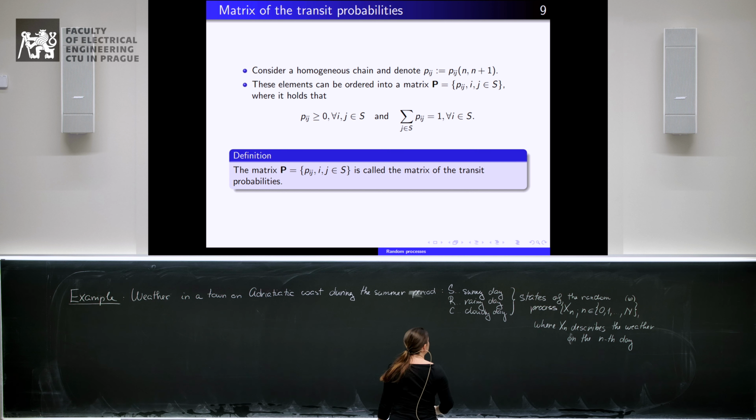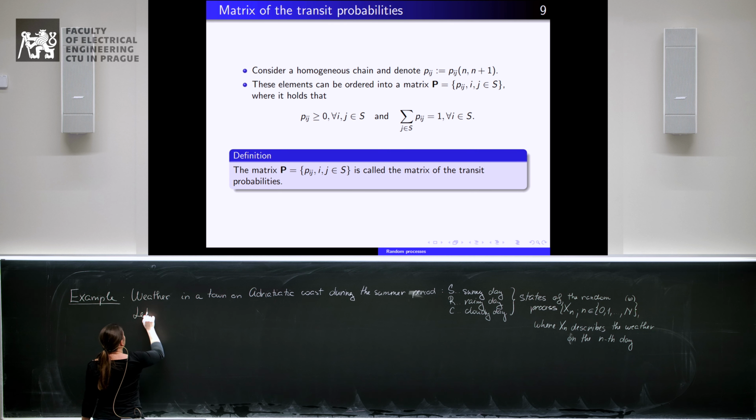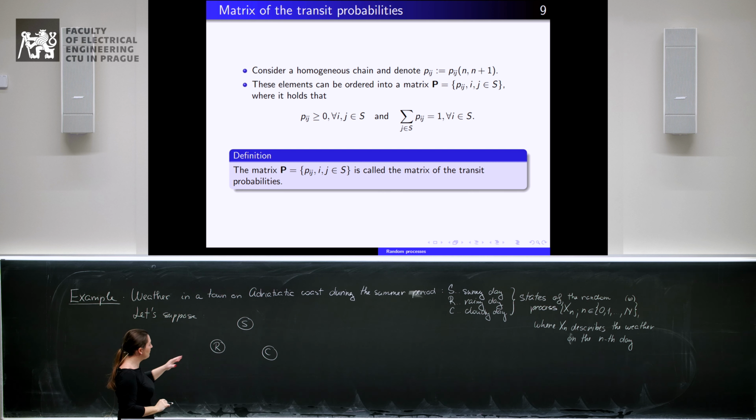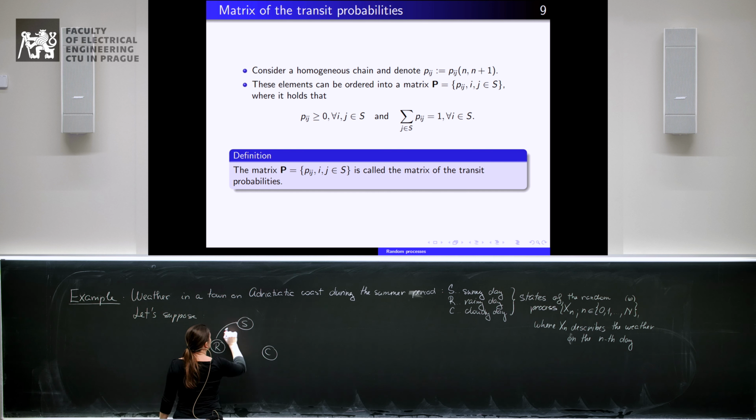And we know the weather behavior is the following. If there is raining in some day, with probability 0.7, it will be sunny in the next day.